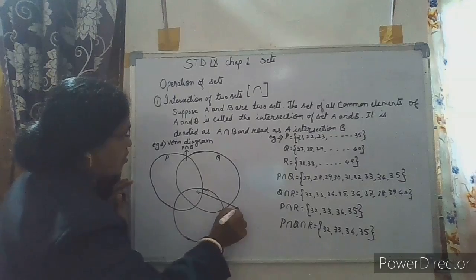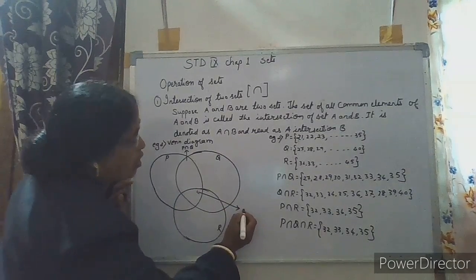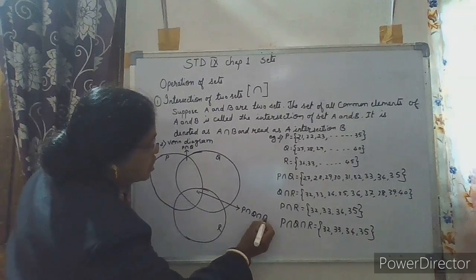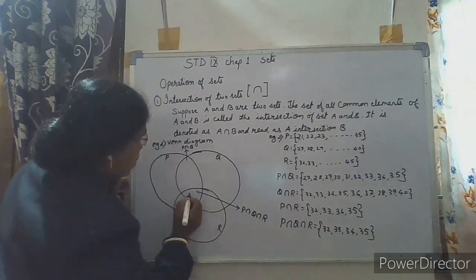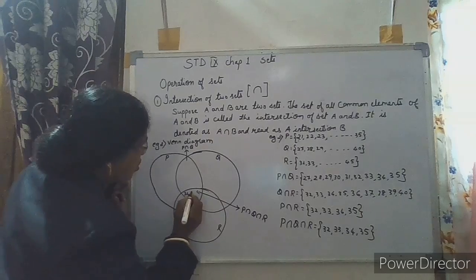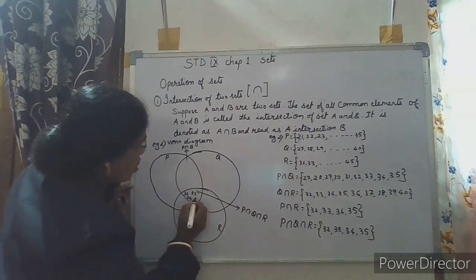This particular part is showing P intersection Q intersection R. So we will have the elements here 32, 33, 34, 35.